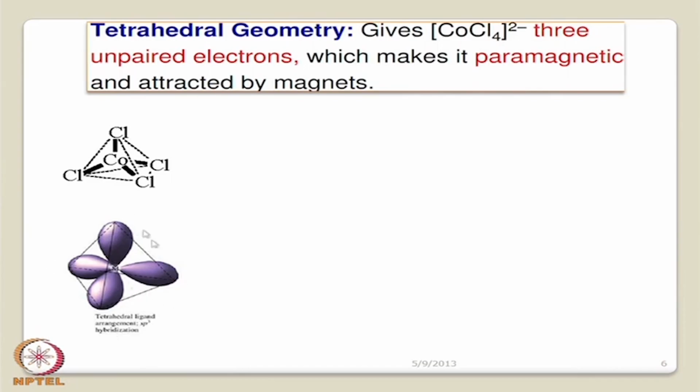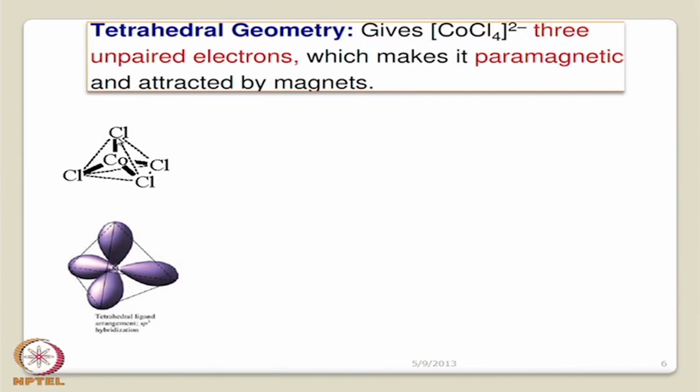So this is the tetrahedral geometry, and the cobalt center will have 1, 2, 3, 4 hybridized orbitals. So these are the 4 sp3 hybridized orbitals, which are so disposed that they are occupying the corners of a regular tetrahedron. If we conceive this tetrahedron within a cubic symmetrical arrangement, then alternate corners of the cube will be occupied by the 4 ligands.